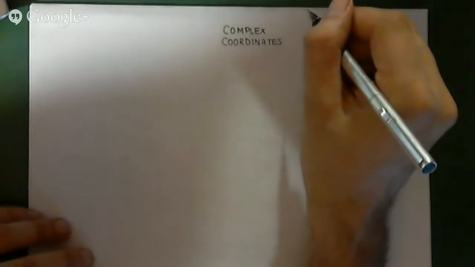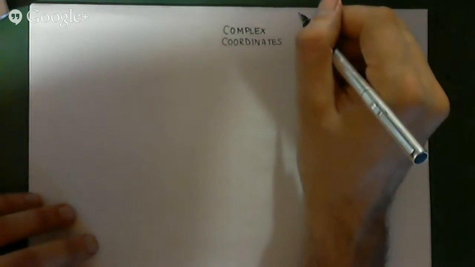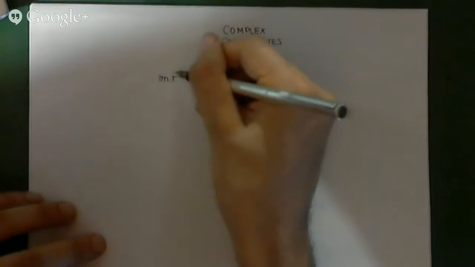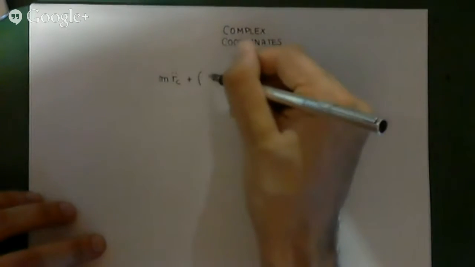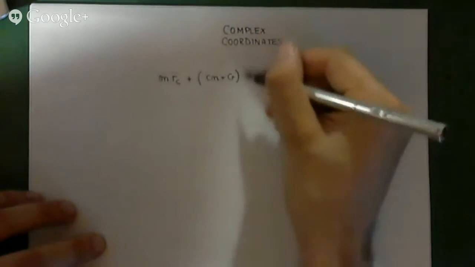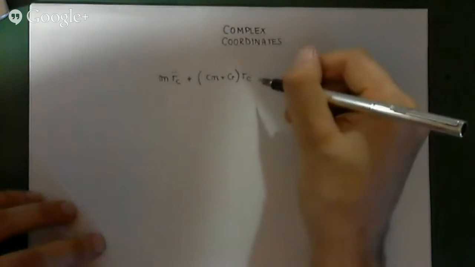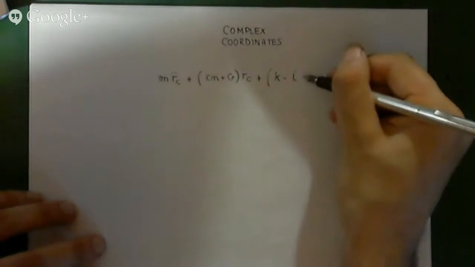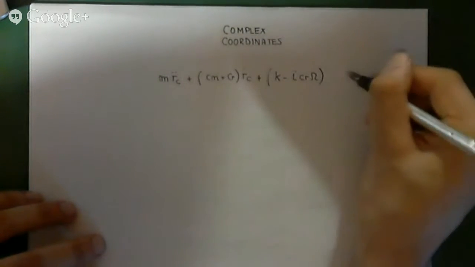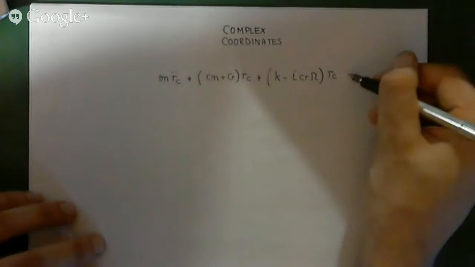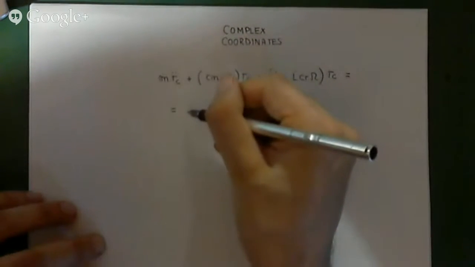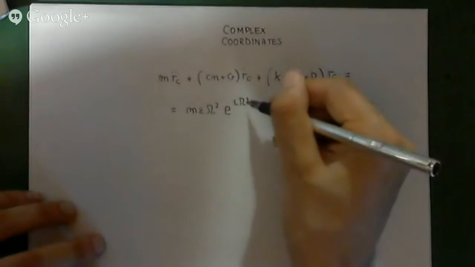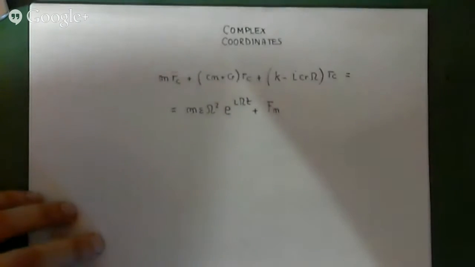By multiplying in the same way the second equation and then adding, we simply obtain m times r point point C plus Cn plus Cr times r point C plus k minus the imaginary unit i times Cr omega times rC equal to, in a unique way, m epsilon omega squared exponential of i omega t plus Fn, the non-rotating force.